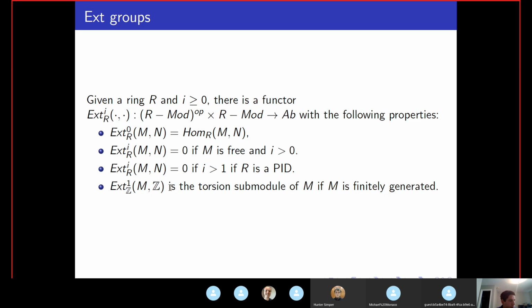At some point I might have a lecture where I quickly review Ext and Tor, and talk about group homology. I don't think we need that now. I think we can black box this, but are there any questions?